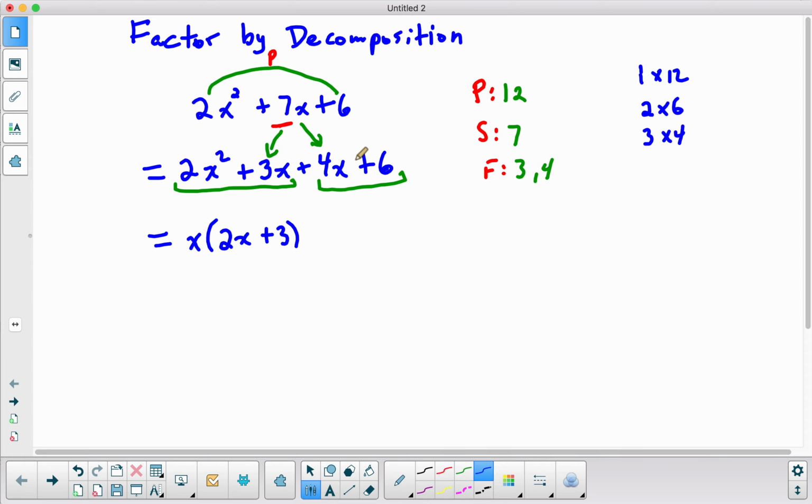Between 4x and 6, is there any number that divides evenly into both of those terms? Sure, it's 2. So we pull out a positive 2 as a common factor. 4x divided by 2 is 2x, and 6 divided by 2 is 3.